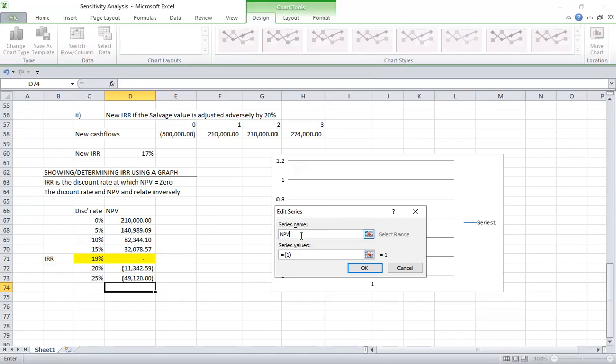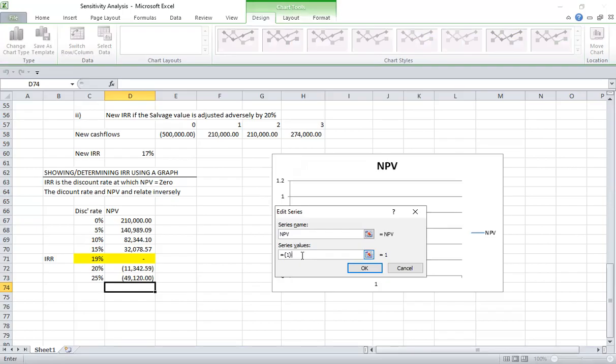So the series name, you will type NPV, then you come to the series values down there. Put your cursor there and delete what is there, that equal to one thing. Delete it so that it is totally blank.